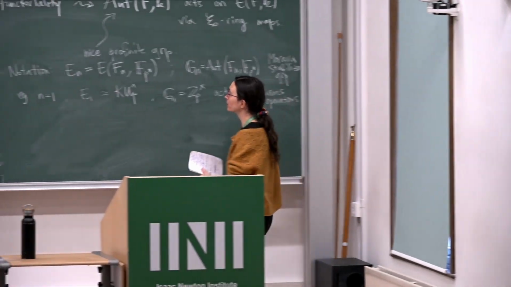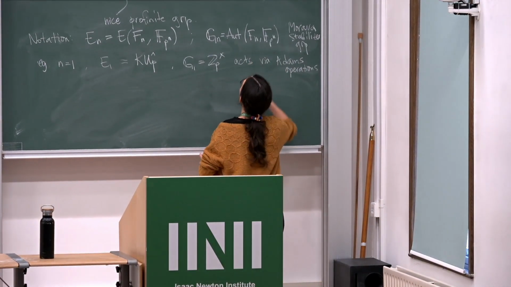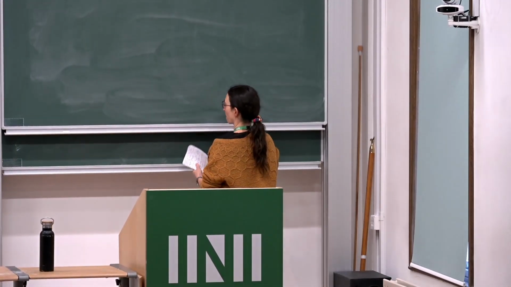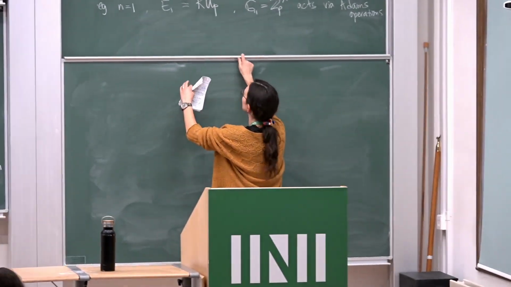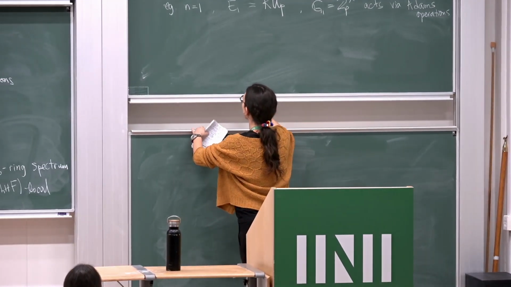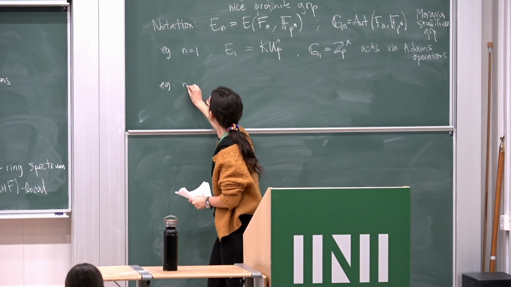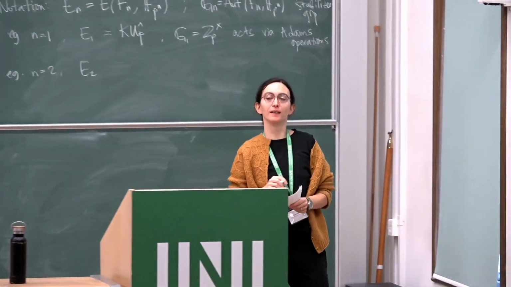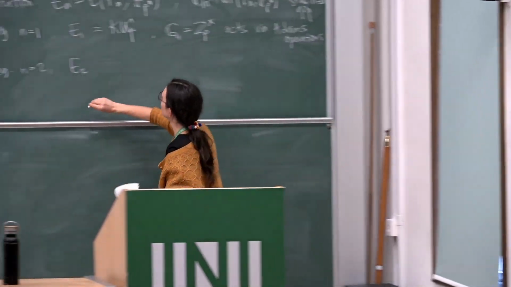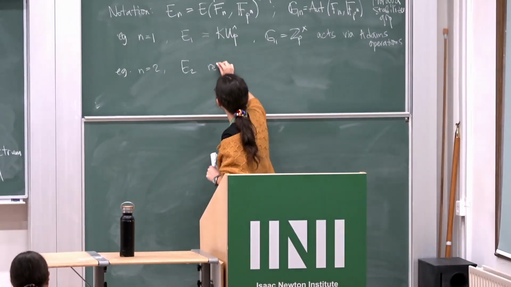Okay, when n equals 2, we have E2. Well, this is closely related to some versions of topological modular forms.